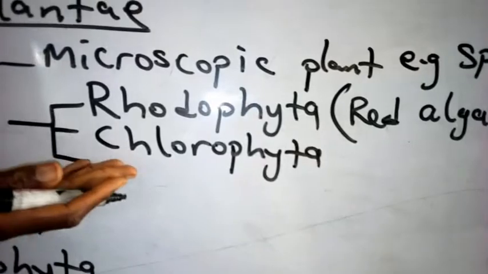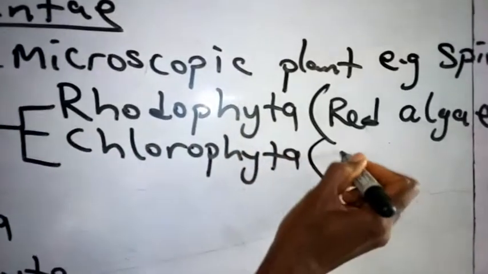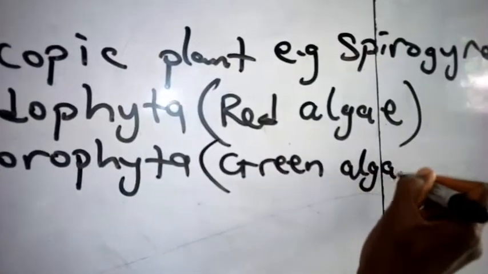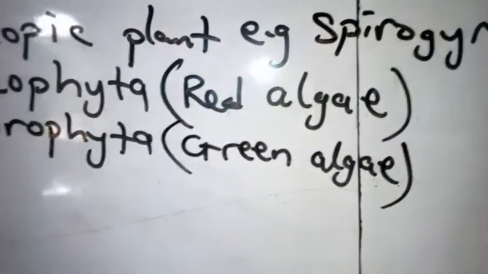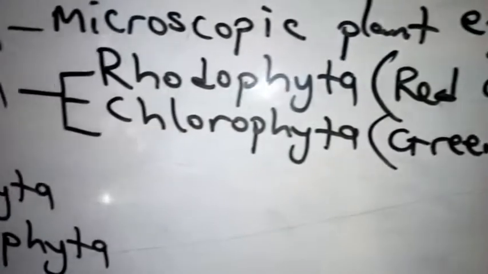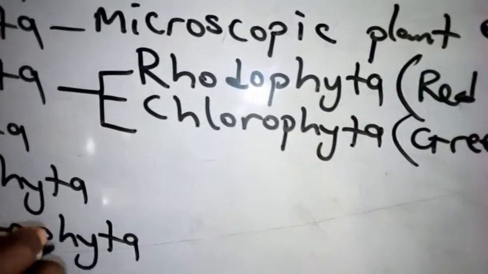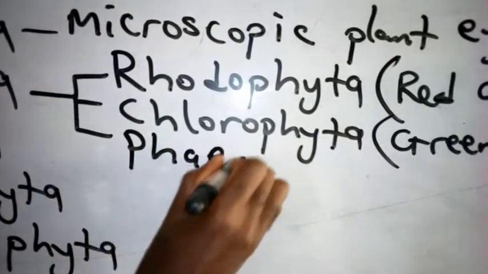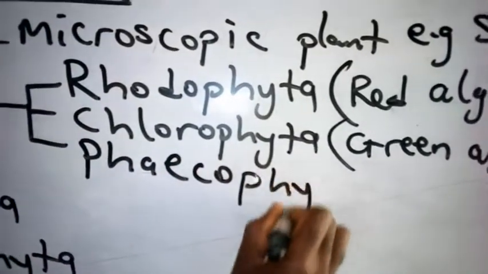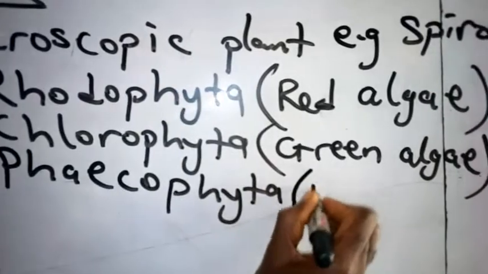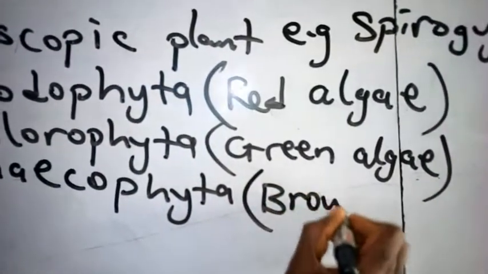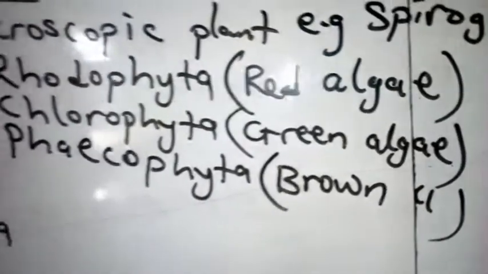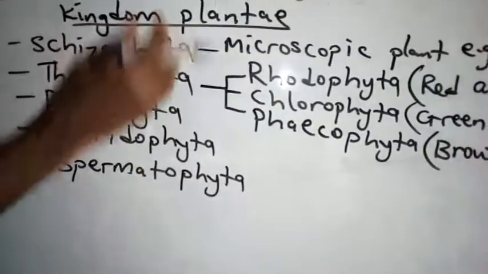As the name implies, chloro tells you that they are the green algae. Then finally, we have the phaeophyta, which makes up the brown algae. So you can see that the schizophyta are the microscopic plants.